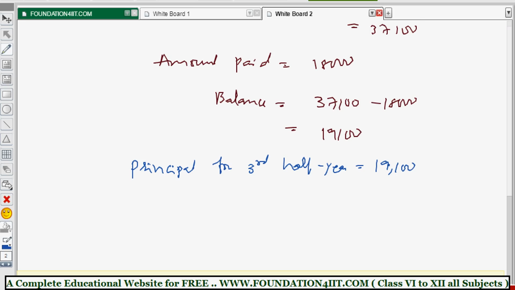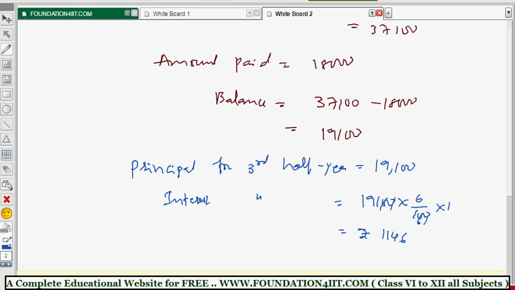Now interest for the third half. Interest is equal to 19,100 into 6 by 100 into 1. Same rate of interest. We cancel this. 191 into 6, that is 1146.